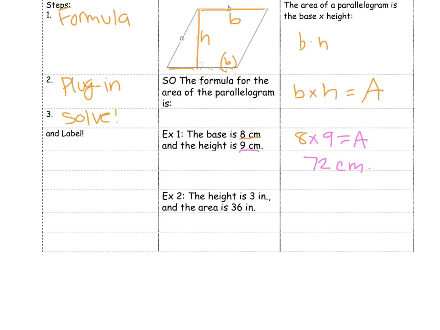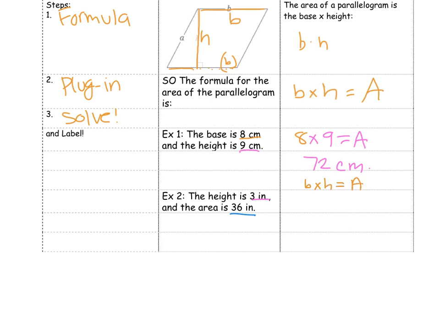This one's a little bit different. The height is 3 inches and the area is 36. So again, we're just going to plug in what we know. So remember, it's base times height is equal to area.